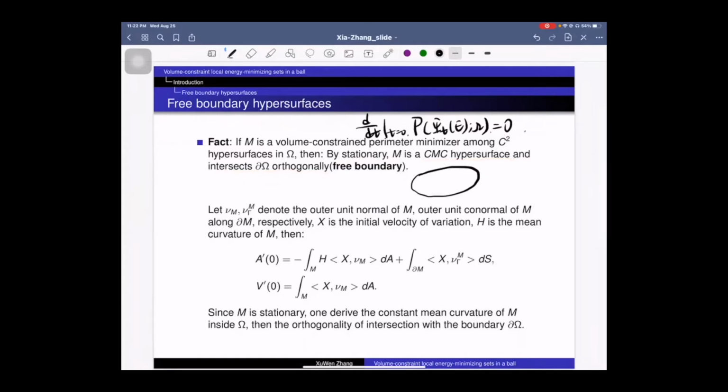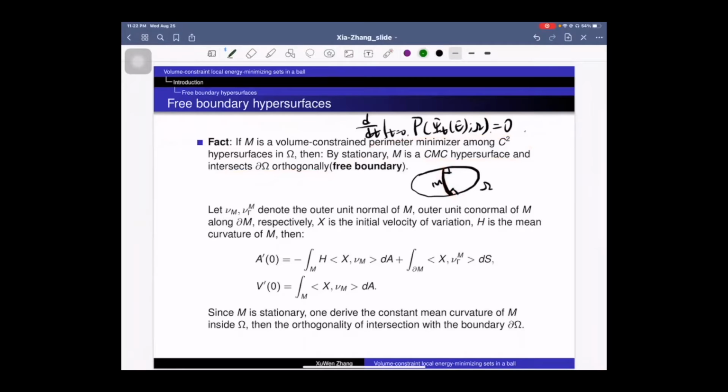Say this is omega, and M is the critical point of this problem, then M must look like this. M intersects partial omega orthogonally and has a constant mean curvature in the interior.